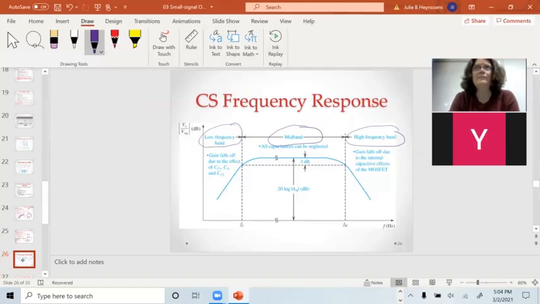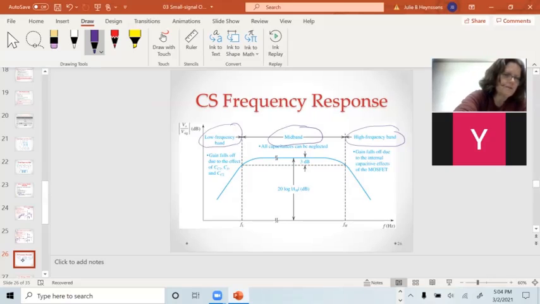It's limited more by something called the Miller effect, which we'll get to later after Dr. Cambo comes and talks about it a little bit. The Miller effect limits the bandwidth in a common source amplifier, so the common source amplifier is actually one of the slowest ones, and MOSFETs in general aren't very good for frequency response.